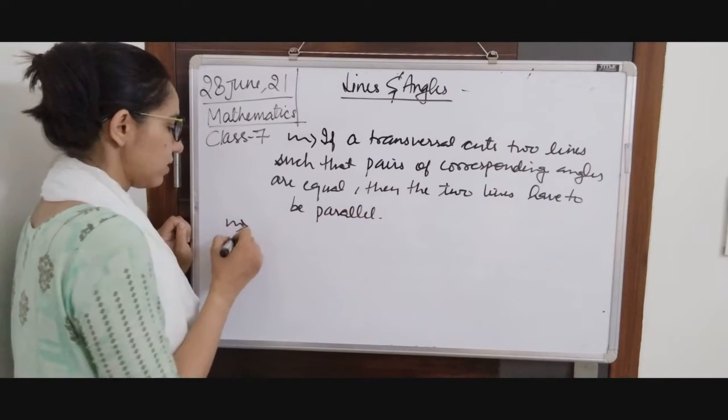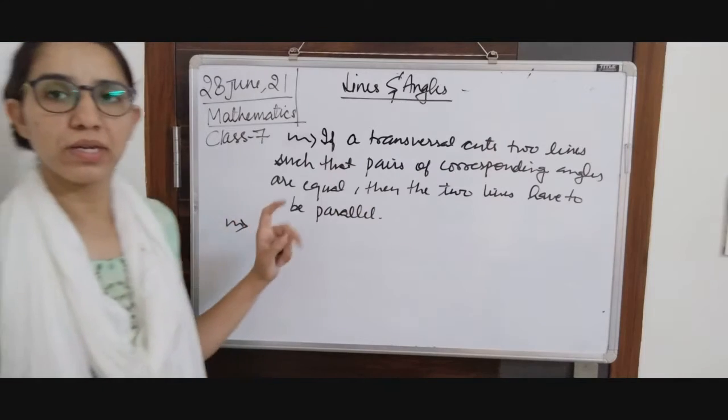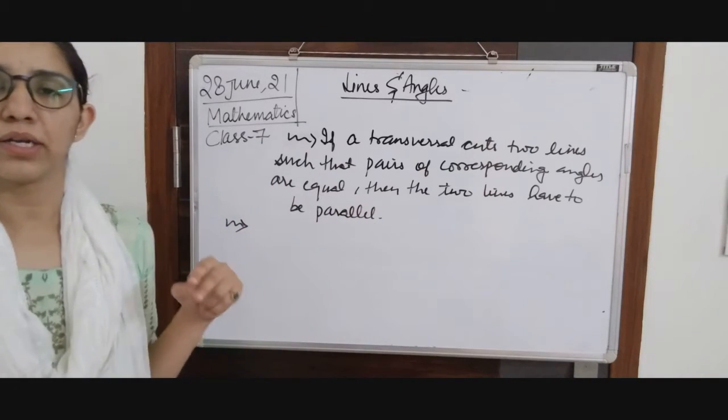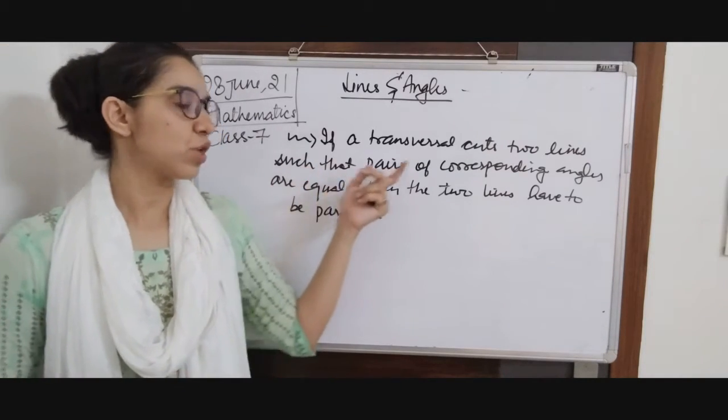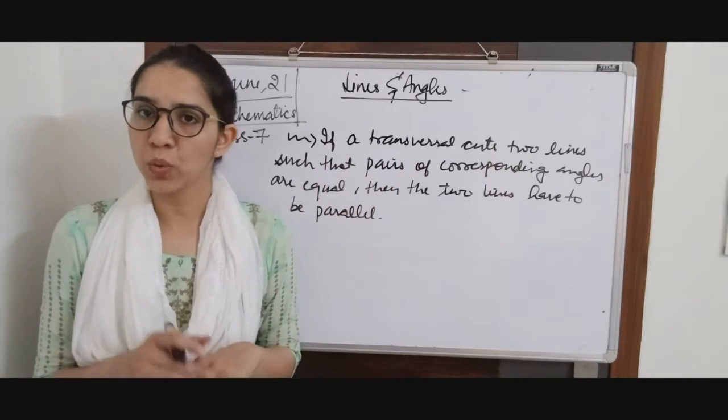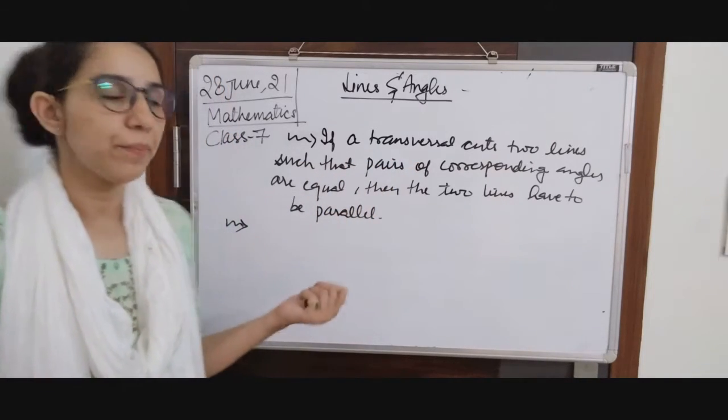Similarly, the second property: if a transversal cuts two lines such that the pairs of alternate interior angles are equal, then the lines have to be parallel.